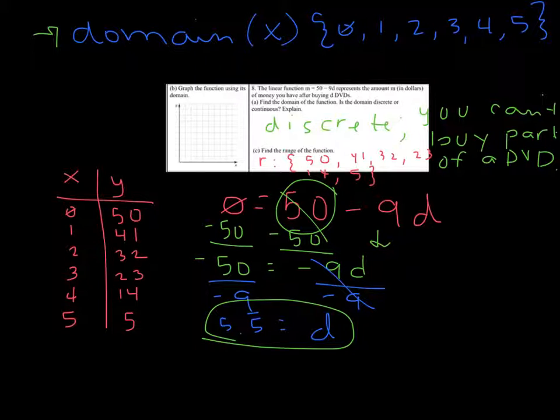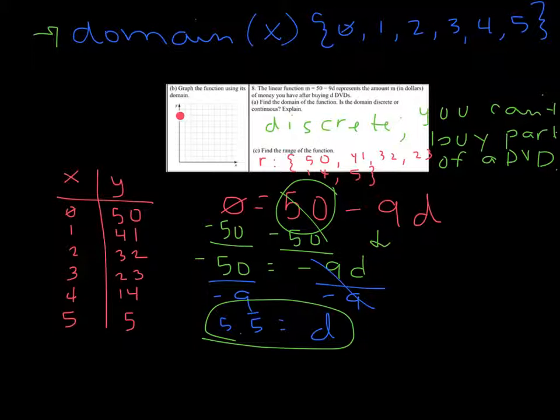I don't have a stylus with me tonight, but when we graph, we know that our graph is going to start at 0, 50. So let's just say that would be this point right here. And every time that I purchase a DVD, the amount goes down.